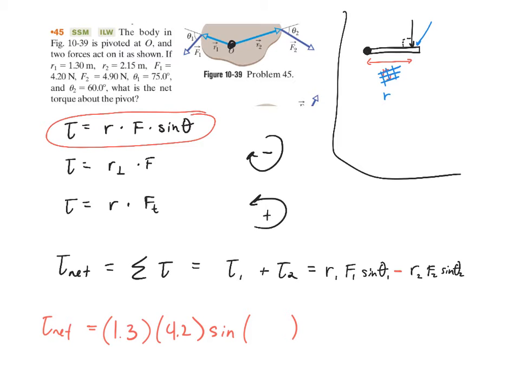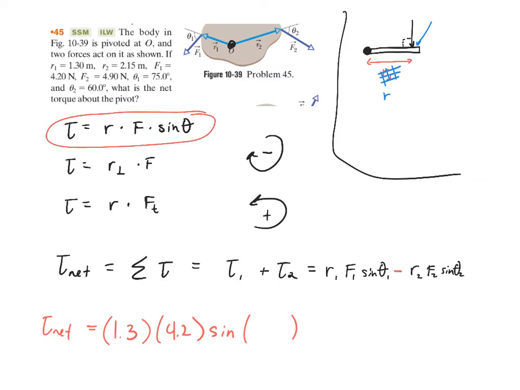Now, you guys know, because you're good at math, that the sine of 75 is the same thing as the sine of 105.